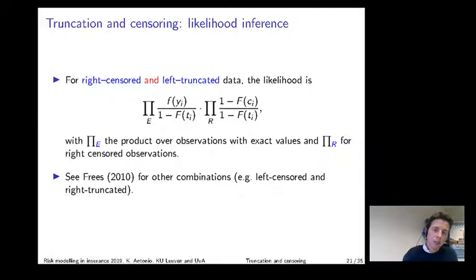So that is the likelihood that you're going to optimize in order to estimate a specific loss distribution to a data set where right censoring and left truncation are present.